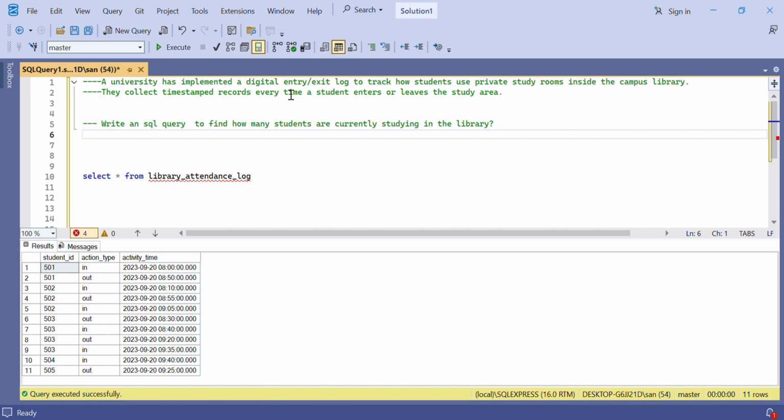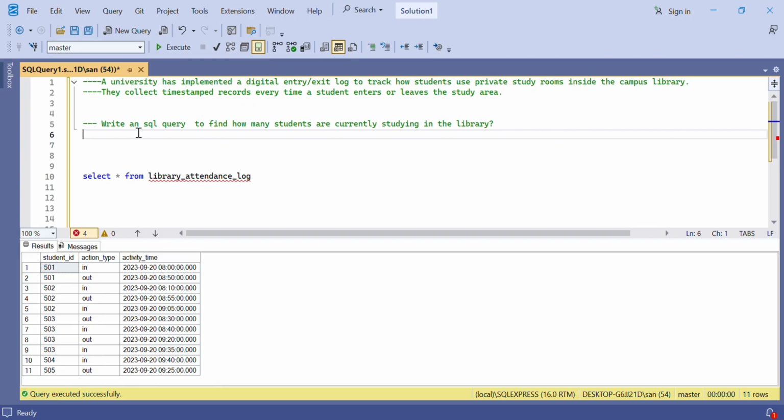There's a university that has implemented a digital entry and exit flow to track how students use private study rooms inside the campus library. This log collects timestamps and records every time a student enters or leaves the study room.